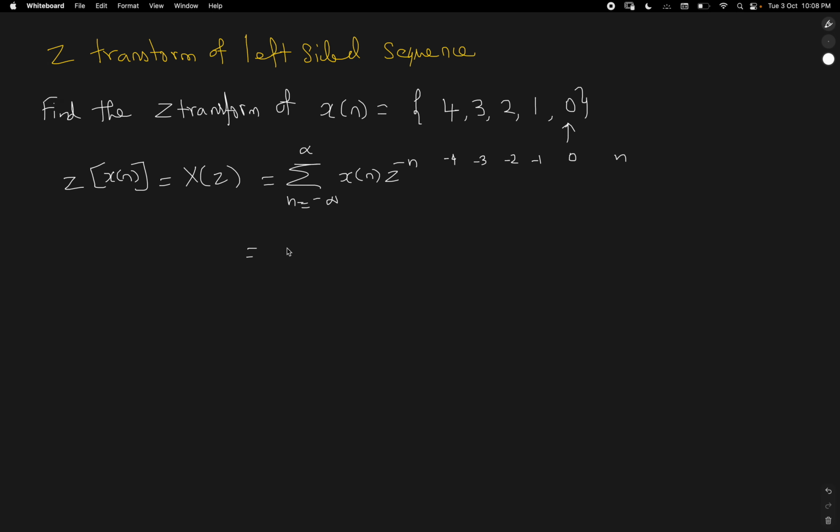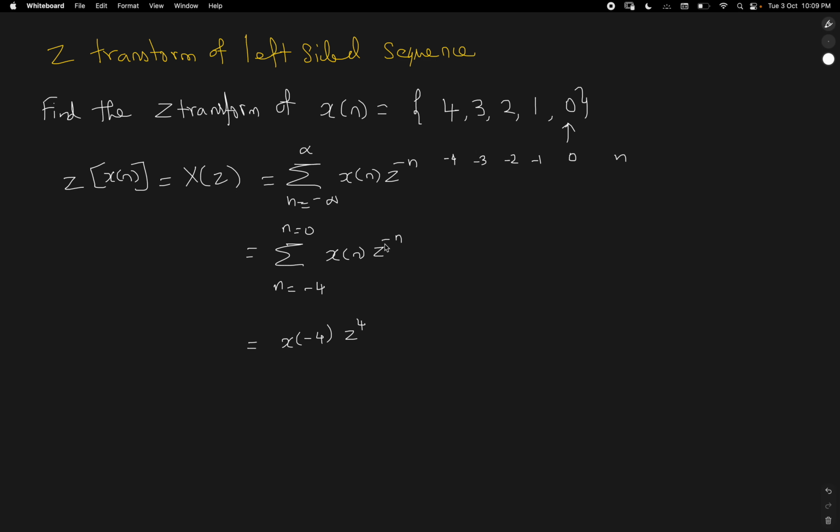So here the limit changes from n is equal to minus 4, which is the lower limit, to n is equal to 0. You can consider minus 1 also. And x of n z power minus n. So if you substitute the values of n, this becomes x of minus 4 z power 4.